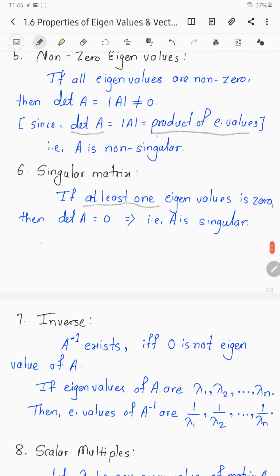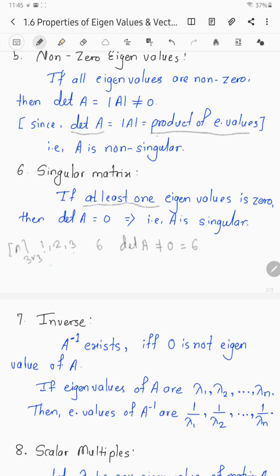Suppose 1, 2, 3 are eigenvalues of some 3 by 3 matrix A. These are three eigenvalues, all non-zero, and their product is 6. So if you find the determinant of this matrix, it will also be non-zero, in fact it is 6.